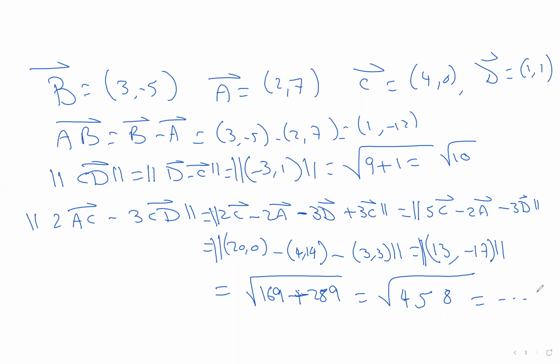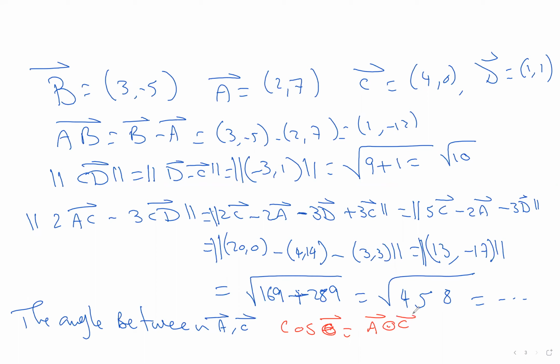Okay. If you need the angle between two vectors, for example A and C, you will use this rule: cosine theta equals A dot C over norm A norm C. A dot C is 2 times 4, 8, plus 7 times 0, 0, over square root of 4 plus 49 is 53, times square root of 16, which is 4.